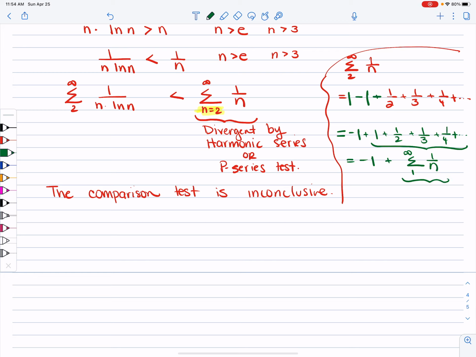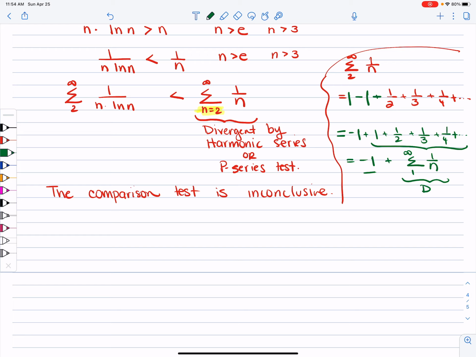We know that this is divergent. That's the harmonic series. That's divergent. So we cannot find the sum. And if you can't find the sum, it doesn't matter what you get when you subtract 1. That's what I meant by we can make the argument that it's divergent by the harmonic series.